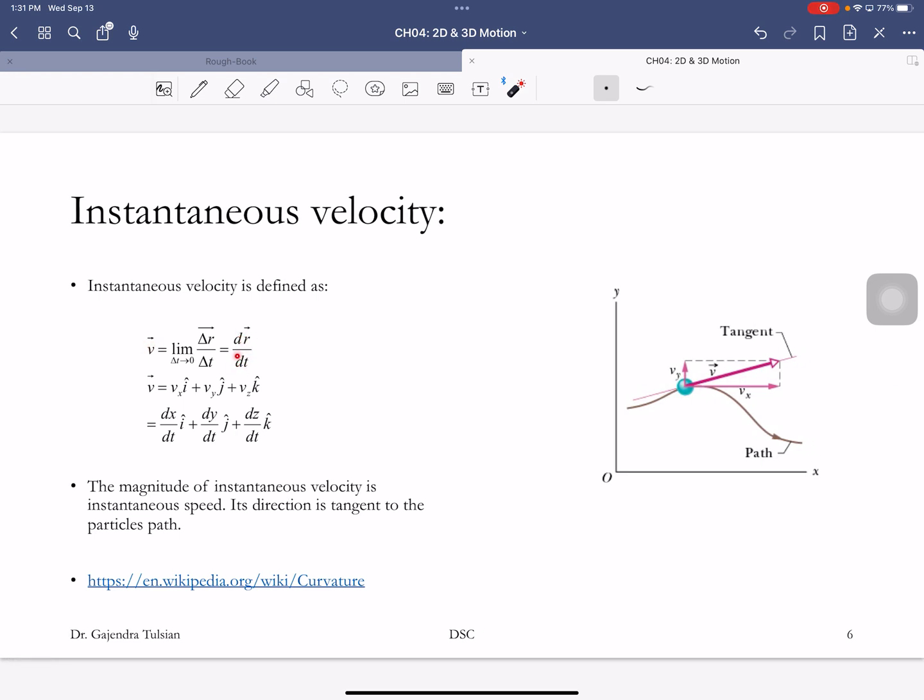The time derivative of your x coordinate gives you the x component of the velocity, meaning the component of the velocity vector in the x direction. This is the y component of the velocity, dy by dt. dz by dt is the z component of your velocity.